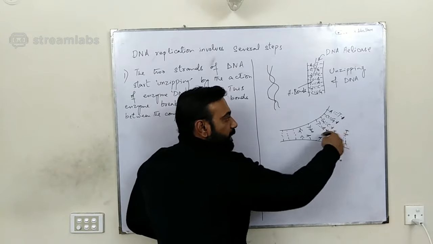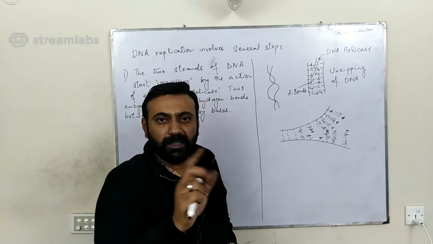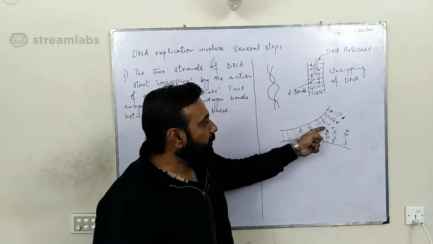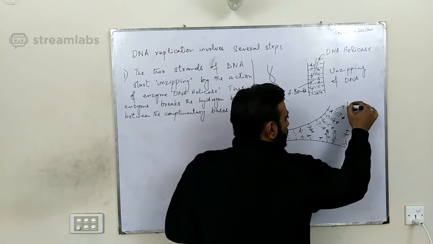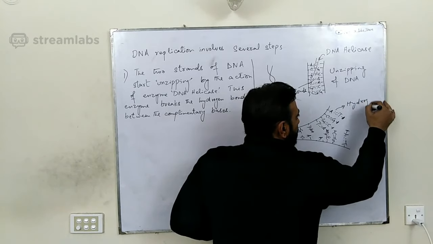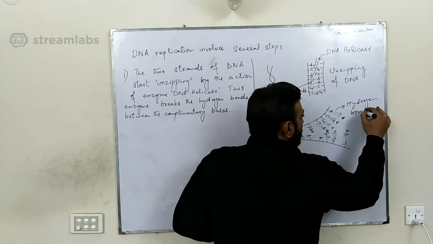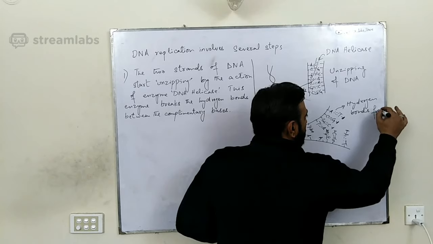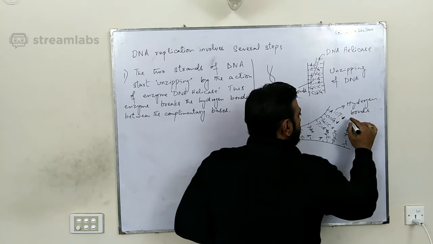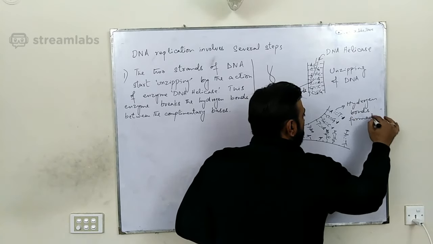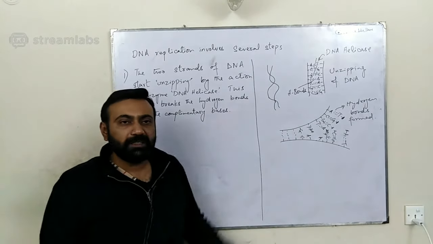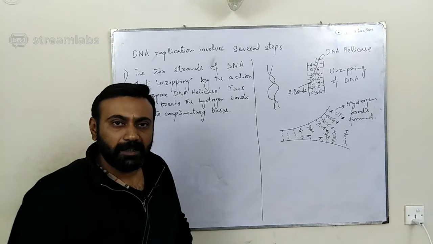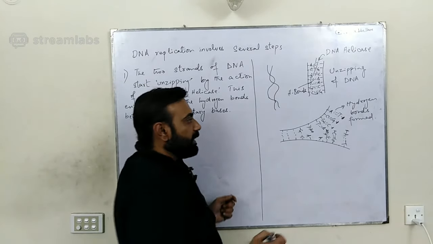See, these nucleotides are not bonded to each other so far. They are separate from each other. But they start forming hydrogen bonds. Hydrogen bonds are being formed in the next step. And this reaction, the formation of bonds between these nucleotides, is controlled by another enzyme. It is known as DNA ligase.